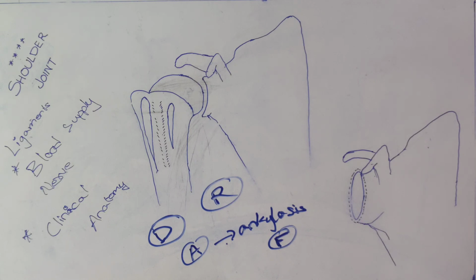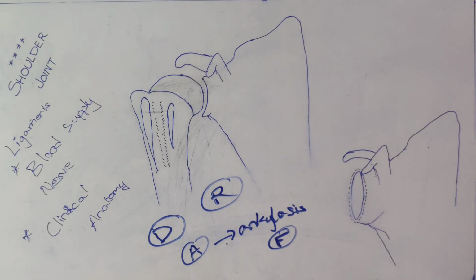Regarding the nerve supply, musculocutaneous nerve, axillary nerve, suprascapular nerve. Regarding the movements of shoulder, flexion, extension, adduction, abduction, medial rotation, lateral rotation and circumduction. Regarding the clinical anatomy, dislocation, ankylosis, referred pain and frozen shoulder.